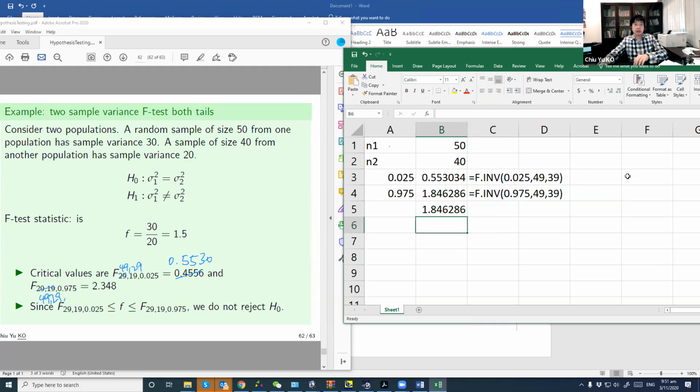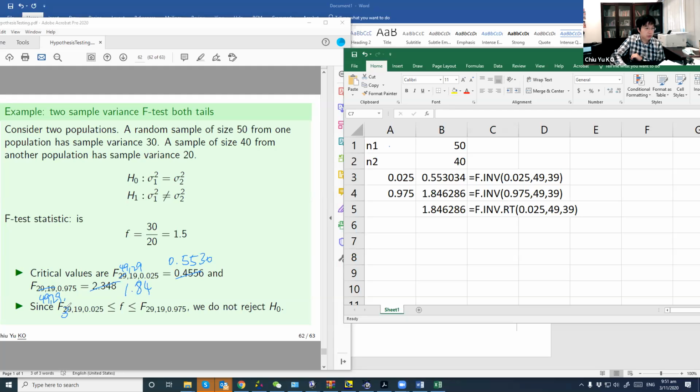It gives the same answer. So this right tail will exactly give you the right tail. So it's 1.8. If you're trying to write down this number, it should be 1.84. So this is still true, 49, 39, and we do not reject.